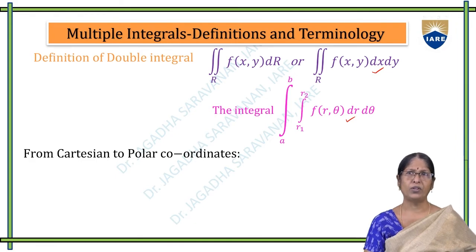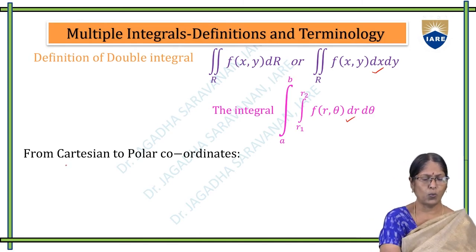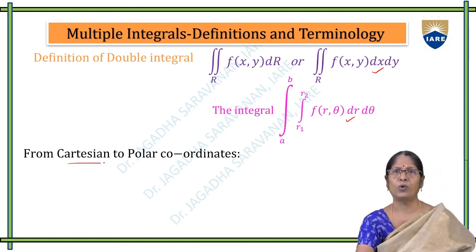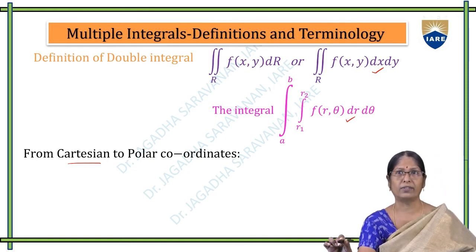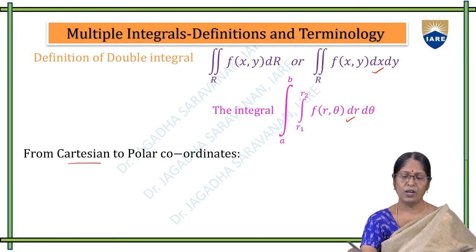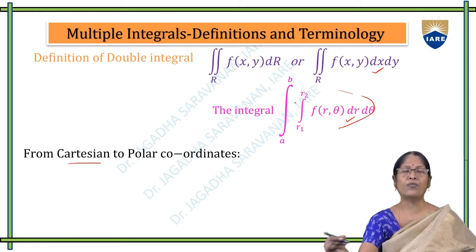The terminology for these definitions is part of the field of multiple integrals, that is, the double integrals we discussed. Now, suppose the problem is in Cartesian form, but they ask us to use polar form. They strictly give the Cartesian form as the given condition but tell us to use polar form.